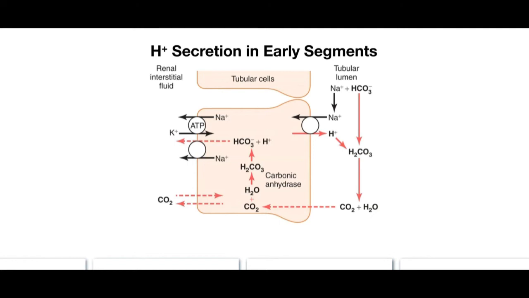So all of the protons that are leaving through the luminal side are doing so in the early parts of the nephron, your proximal tubules and your thin descending limbs, from your sodium proton exchanger. And on the basolateral side, we're looking at our sodium bicarb co-transporter to move that bicarb into the interstitial space. So this is a new production of bicarb that's showing up in the kidneys.